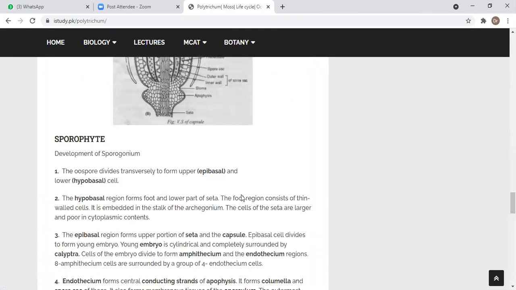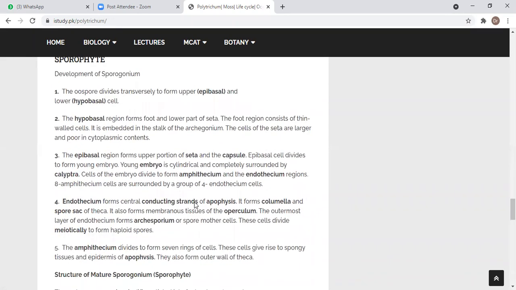The foot is the lowermost part of the sporophyte, where it is attached to the gametophytic tissue of the female plant and is useful for attachment, and is called the basal bulbous region. Whereas the seta here is very small in comparison.